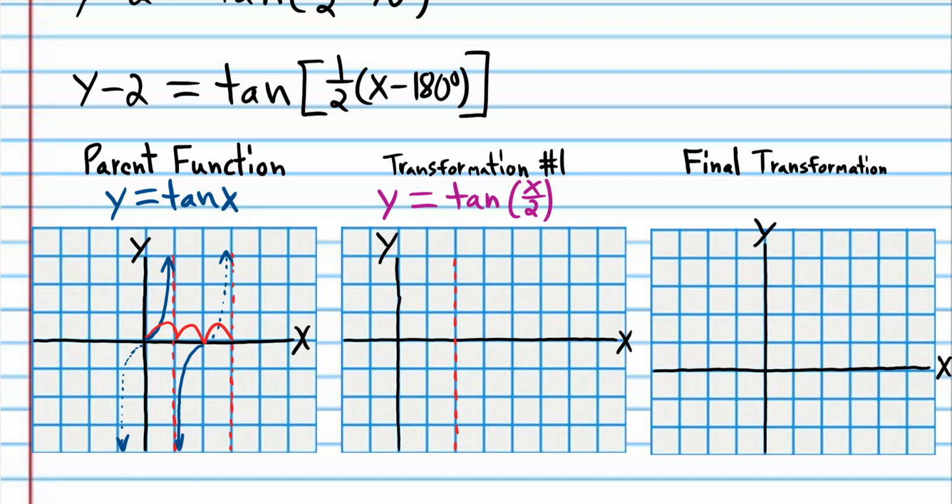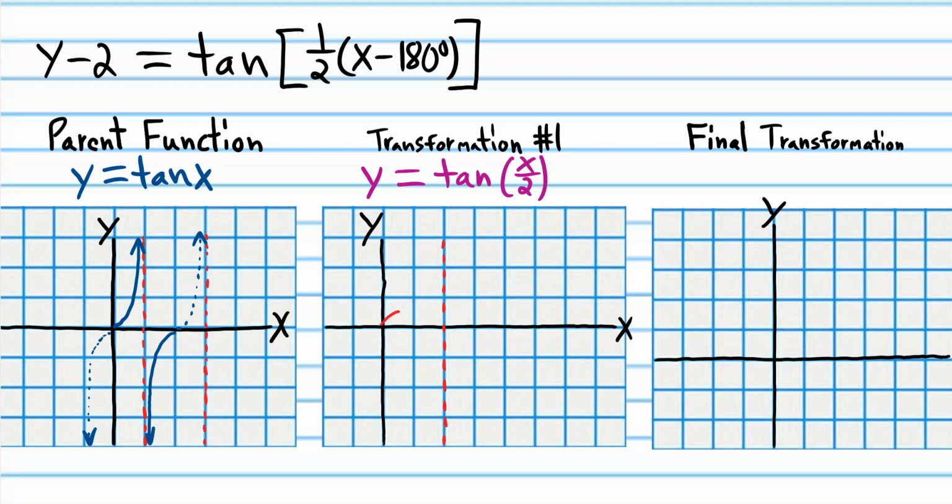So this next asymptote is at x equals, did I say 1? I meant 90 degrees, so it goes from 90 to 180. And this one is at 270. So multiply that by 2 and you get 540. So 90, 180, 270, 360, 450, 540.